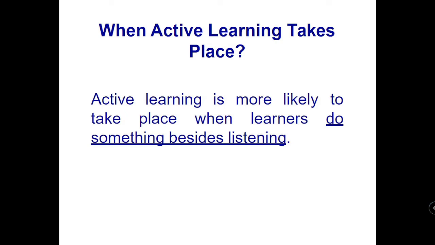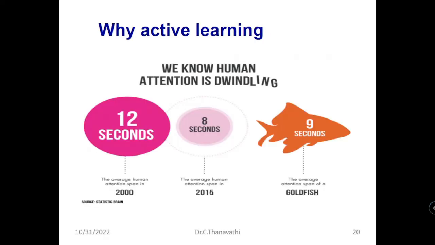Active learning takes place when learners do something besides listening. After our lecture, allow them to do something based on what they listened to. That will be effective in active learning.